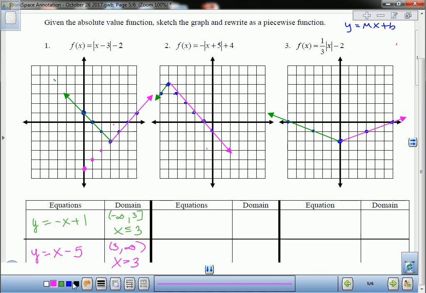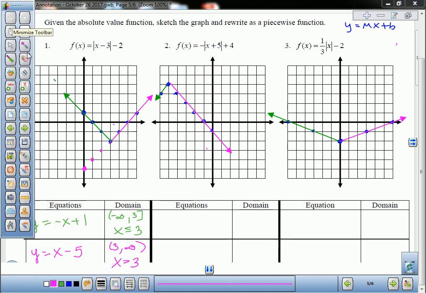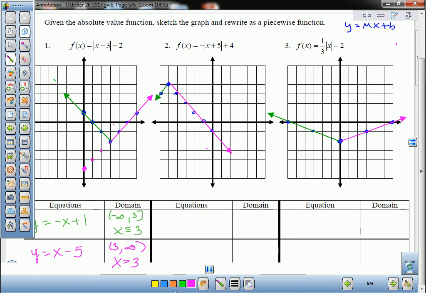All right, I did want to show you one quick thing with the inequality. So here is our vertex. This green one exists on this side of it, right? Do you see how this arrow that I just drew matches my inequality?